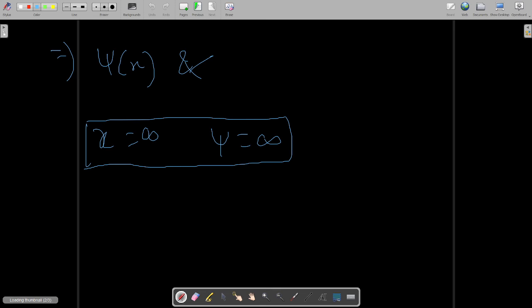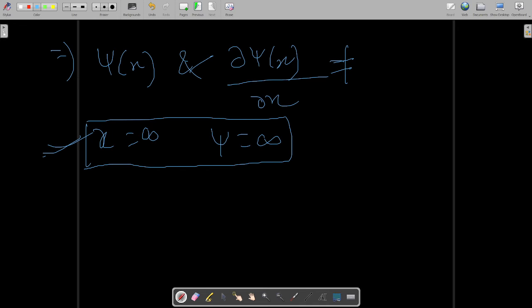So this is the thing which you will get at x equal to infinity. As psi x is not finite, even its slope, its differentiation with respect to x, is also not finite everywhere.